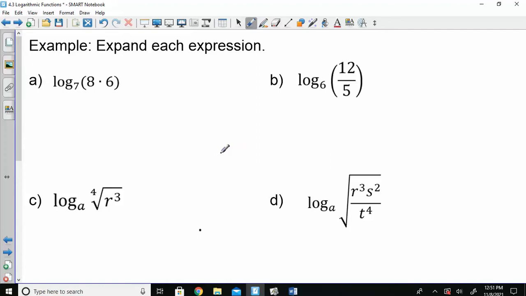When I say expand each expression, I'm asking you to break it apart as much as possible. So if you have things being multiplied, we can do the log of each one and do what to those logs? Add them. You have to make sure you put the log base 7 on each. So it's just log base 7 of 8 plus log base 7 of 6.